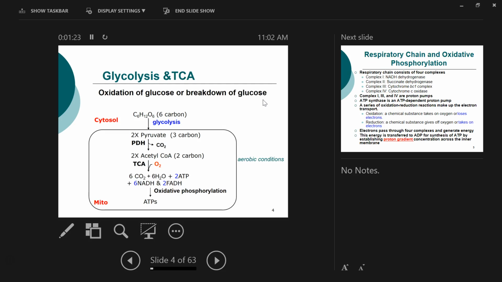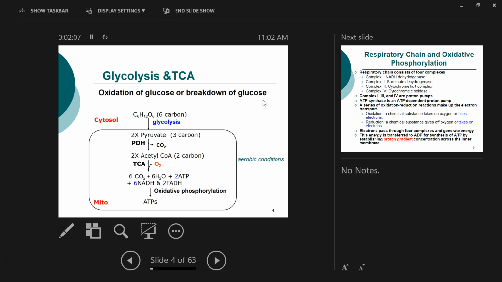And under aerobic conditions, as I just mentioned, glycolysis occurs in the cytosol and generates pyruvate, which enters the mitochondria for further oxidation to acetyl-CoA and enters the TCA cycle, and will complete oxidation and generate CO2 and water, and of course most importantly ATPs and reducing equivalents. And these reducing equivalents then need to be converted to ATP through oxidative phosphorylation, or the electron transport chain, right?